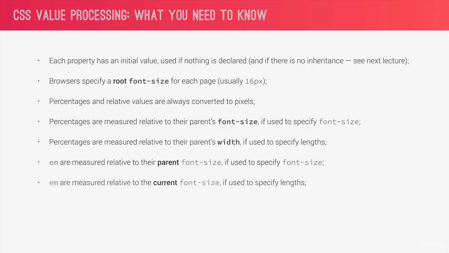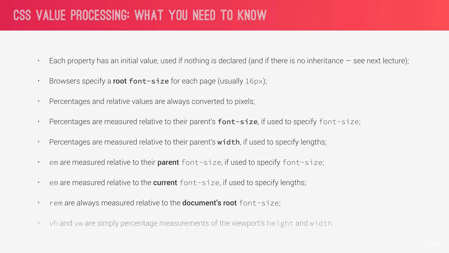And they're measured relative to the current font size, if they're used to specify length. Next, rems are always measured relative to the document's root font size that I mentioned before. And finally, vh and vw are simply percentage measurements of the viewport's height and width, respectively.